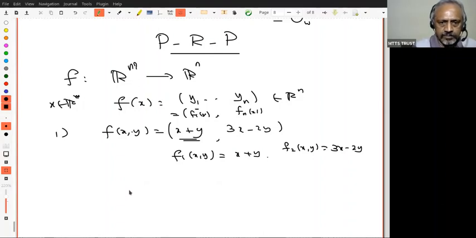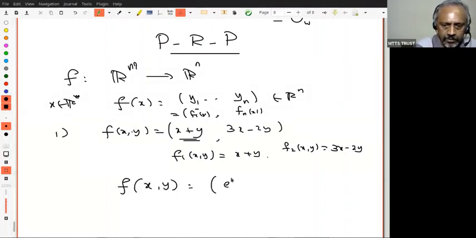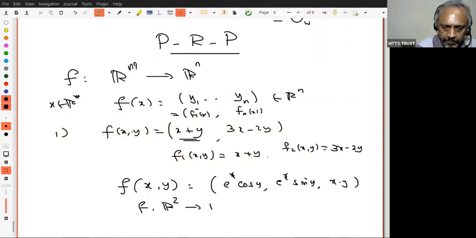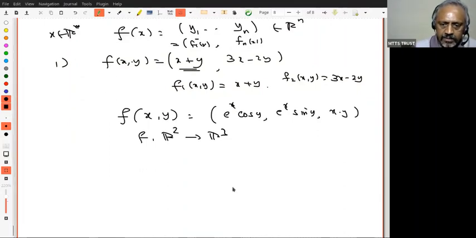Okay. Just nothing to do with linearity, let me say f of xy equals e power x cos y, e power x sin y, and x times y. Okay, f is a function from R2 to R3. Right?